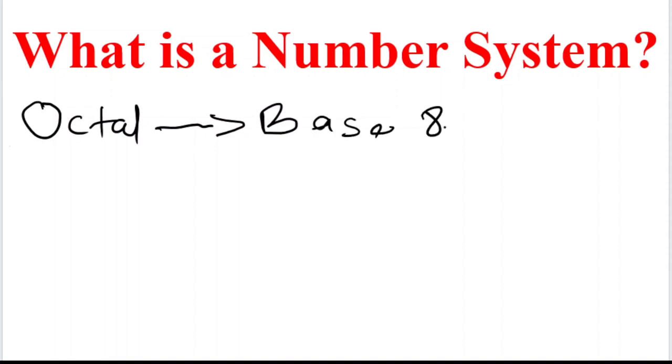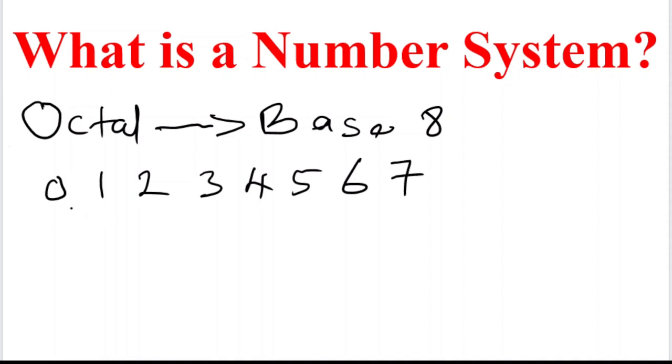That means it contains 8 numbers, which are 0, 1, 2, 3, 4, 5, 6, and 7. Okay, so these numbers are 8 digits. That's why it's called base 8.